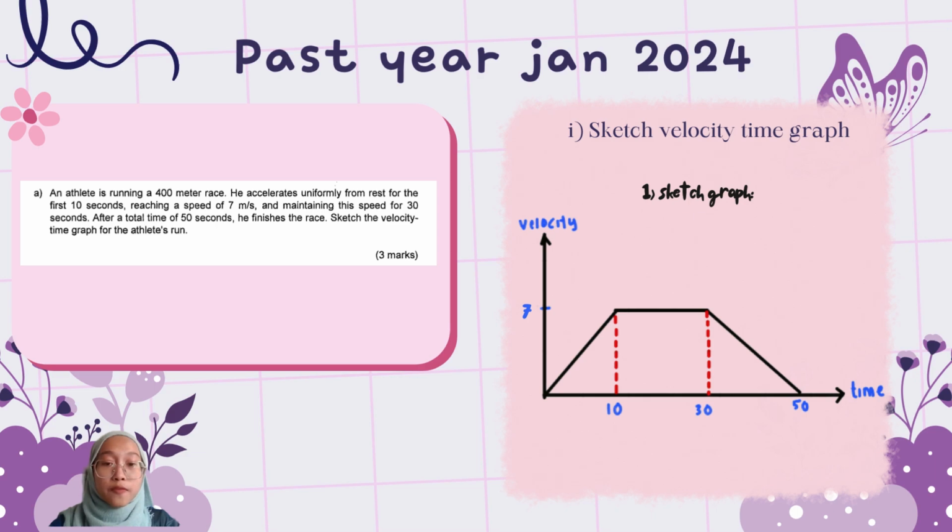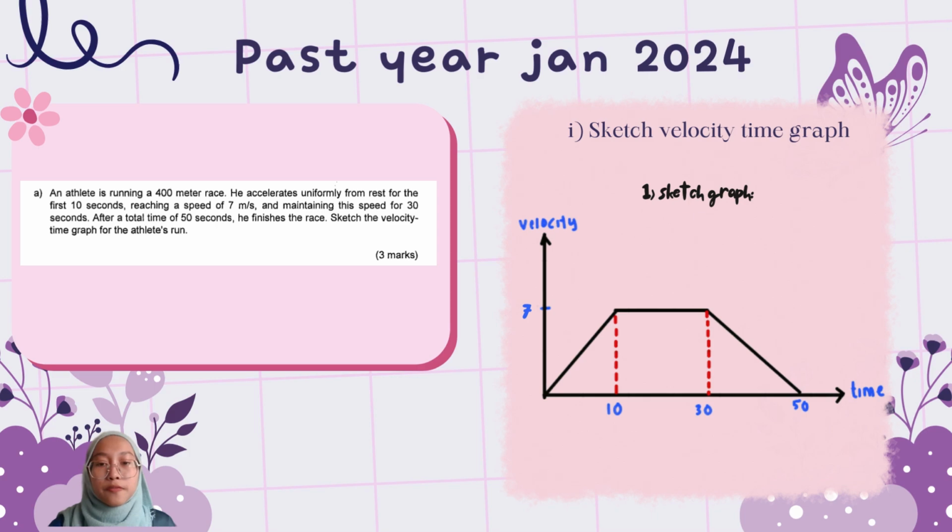So what we need to have is the velocity and the time taken. The velocity is already given, which is 7 meters per second, and it says that the athlete maintains the speed for 30 seconds, and then after a total of 50 seconds, he finished the race.